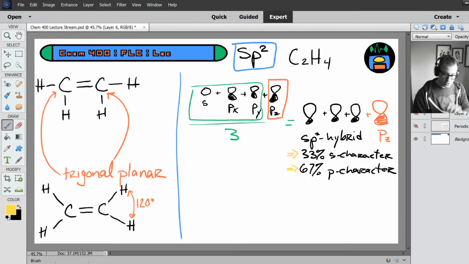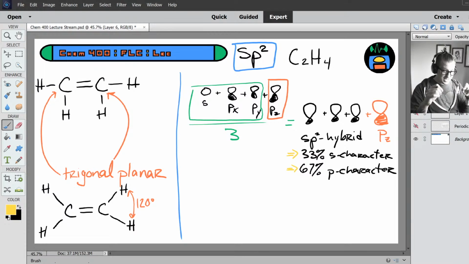In addition, there's one other critical piece of information, and this will come into play later, and that is the sp2 hybrid orbital's directionality. With the sp3 hybrid orbitals, we saw that those orbitals were made from the s orbital, which has no directionality, plus px, py, and pz, right? All three axes were involved.